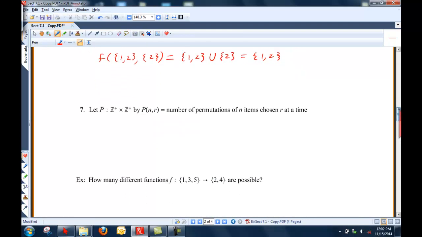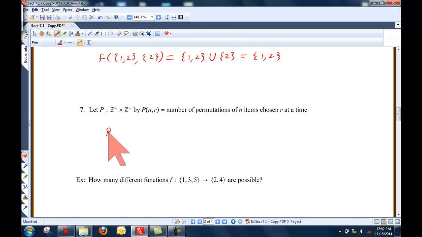Last example. A proposed function from Z plus, the positive integers, cross Z plus, again the positive integers, by P of n comma r equals the number of permutations of n items chosen r at a time.